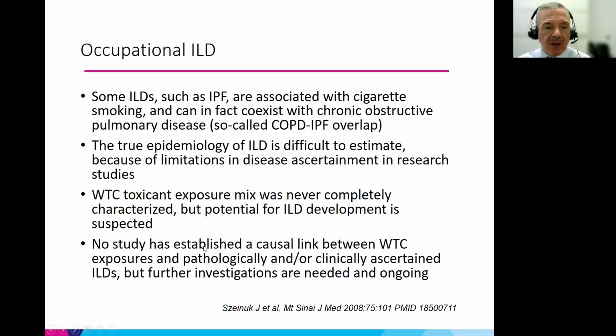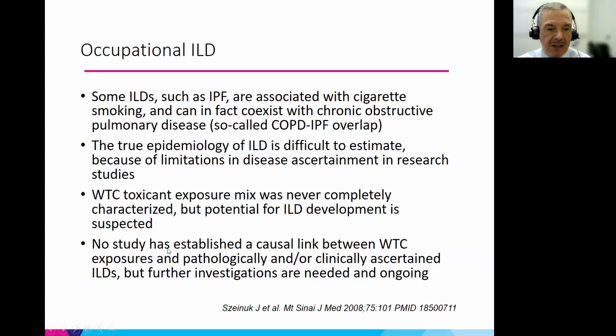And we don't know exactly what agents are associated with that progression, if there is any. But we think that the irritant effect and the inflammatory effect could have that potential.